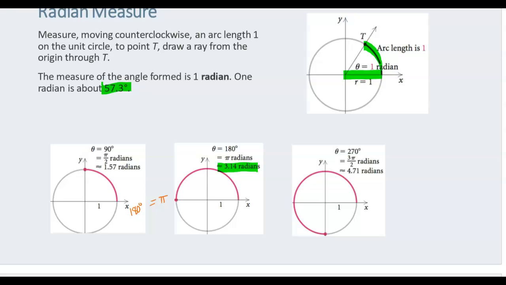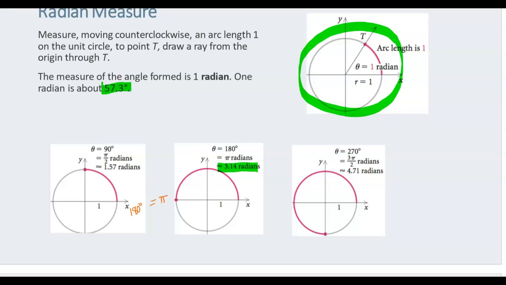Again, looking at this original picture, it does look like that red arc, or the angle that's been opened, is close to 60 degrees, so we're getting that 57 degrees. The numbers of radians are much smaller than we're used to seeing in degrees.